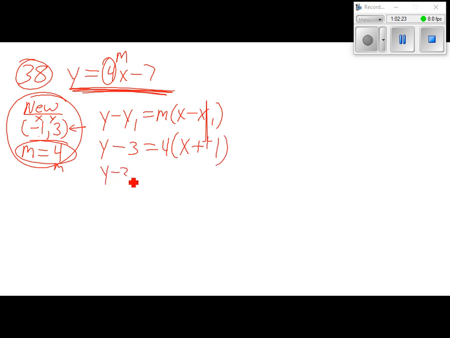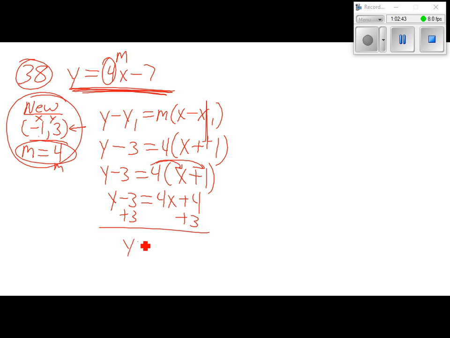I'm going to distribute. y minus 3 equals 4x plus 4. Add 3 to both sides. We end up with y equals 4x plus 7. That's our equation.